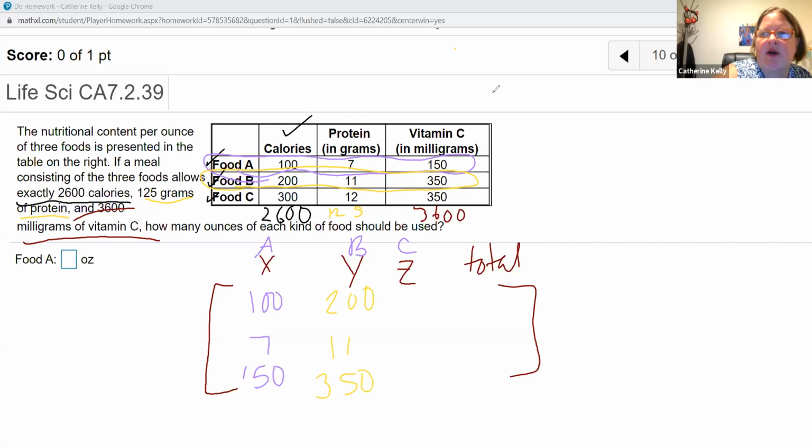My C values are 300, 12, and 350. And then my total values are 2,600, 125, and 3,600.